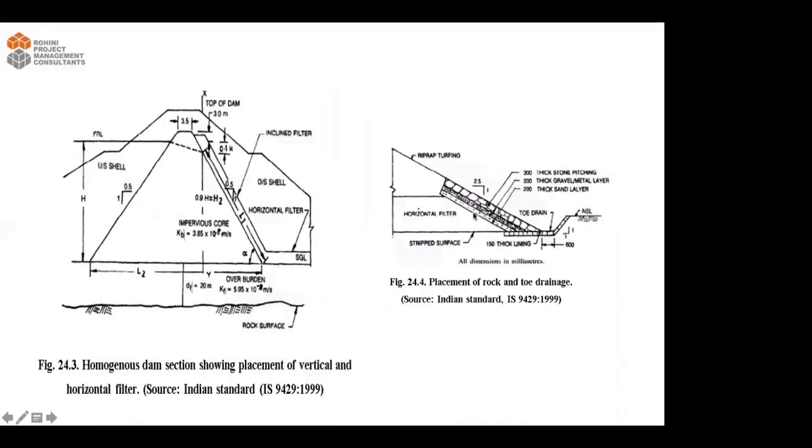When we talk about the placement of the rock and the toe drainage system, this is the riprap, and then how the toe would be done. We are talking about much bigger bunds. A smaller bund, we can do away with this, with only a riprap turfing, only with the bottom stone, right?